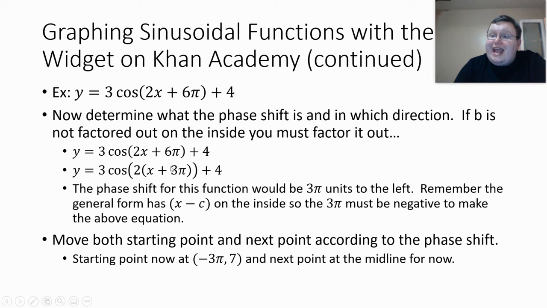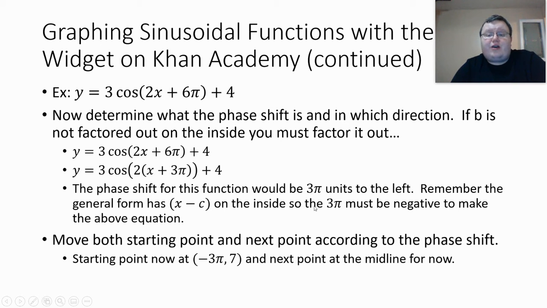That means that c has to be negative, because remember, your general form is x minus c. So if x minus c is on the inside, in order for me to get a plus something, I had to have a negative c value. So I'm going to move 3 pi units to the left.